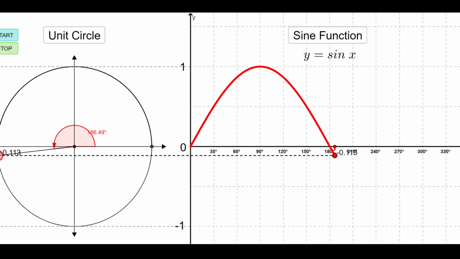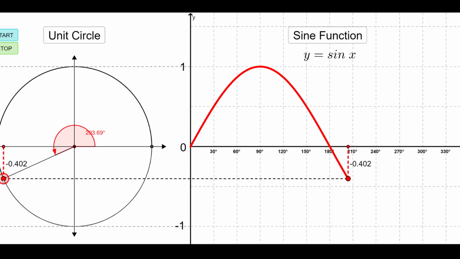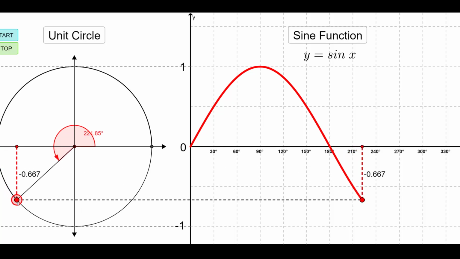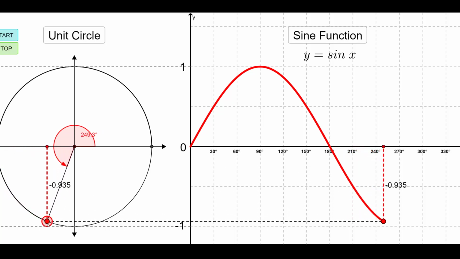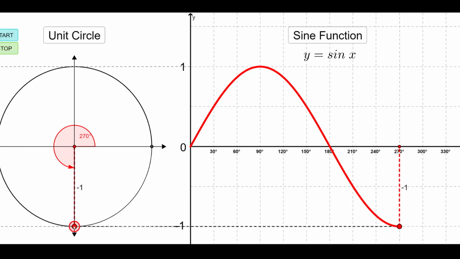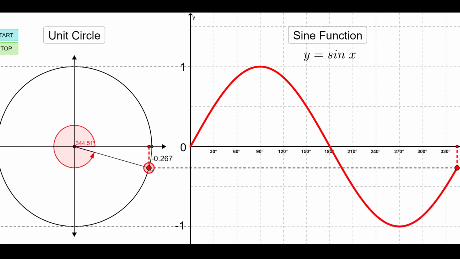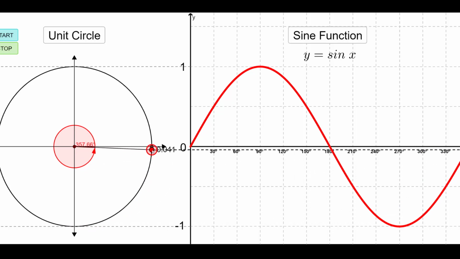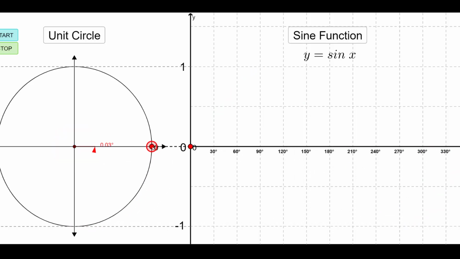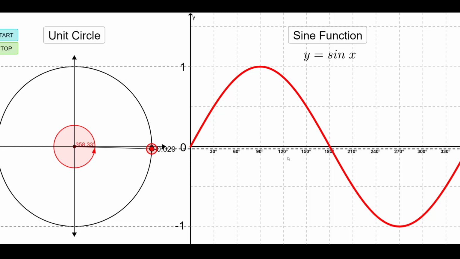And continuing like that, if we keep increasing the angle, we have the lower part of this sine function in the negative part under the horizontal x-axis. And when we complete one revolution, once round, the sine becomes 0 again.